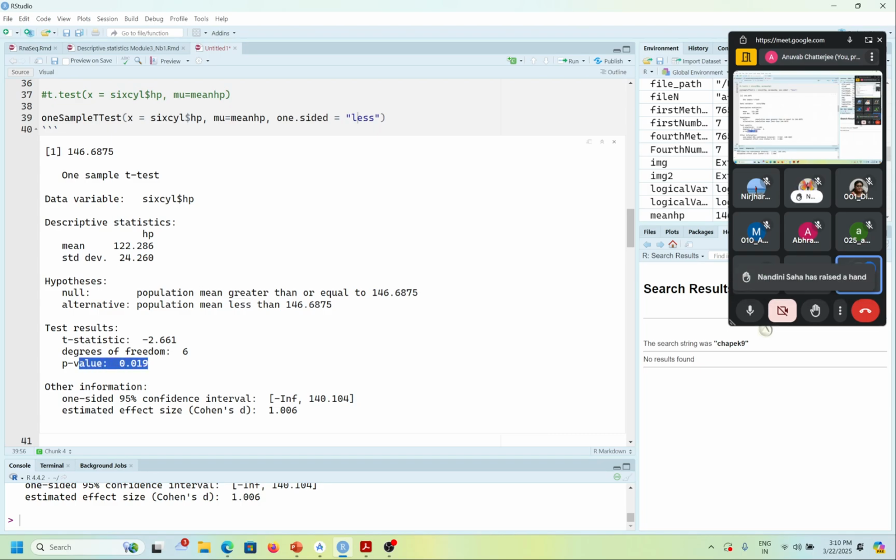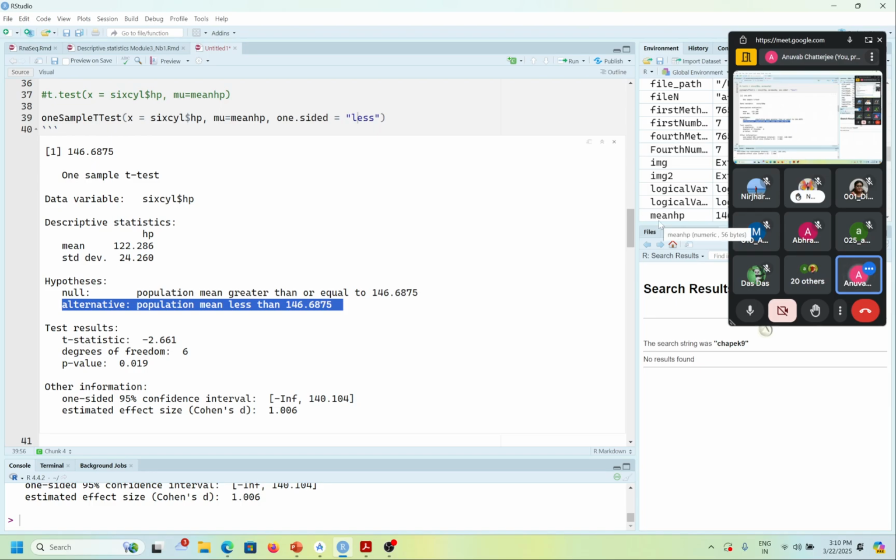The p-value is significant, which means that yes, the alternate hypothesis is correct, that our six cylinder cars are less powerful than the mtcars dataset, and so we accept the alternate hypothesis that the population mean is less than the mean of the mtcars dataset.